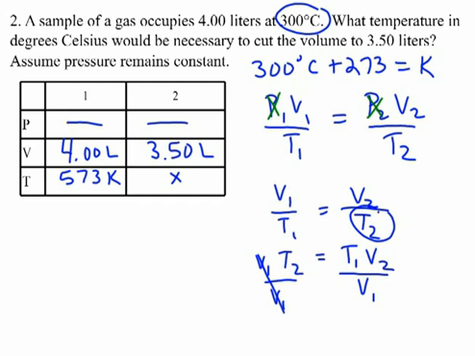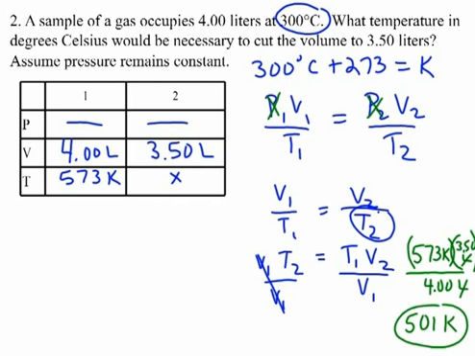T1 is 573. V2 is 3.50 liters. And divided by V1 of 4.00 liters, liters cancel. And when you put this all into your calculator, you get 501 Kelvin.